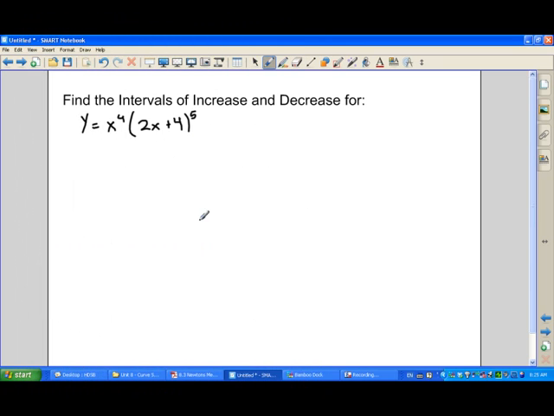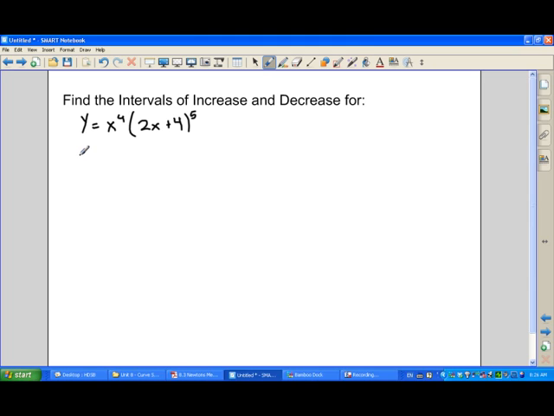So let's look at a problem to see how we can use calculus to find intervals of increase and decrease. We want to find these intervals for x to the power of 4 times (2x plus 4) all raised to the power of 5. If I looked at my definition that I previously had up, I need to pick some values, x1 and x2, to test. And I have no idea where to start just by looking at this function.